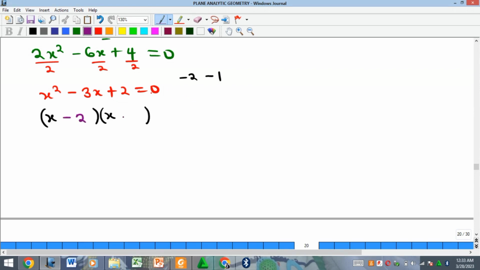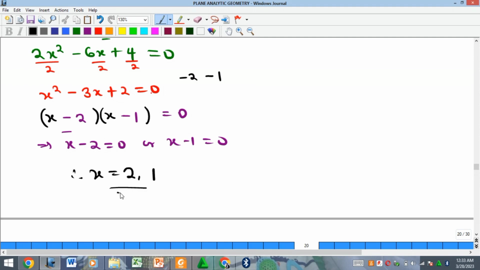So you have negative 2 and negative 1, equate everything to 0. So either x minus 2 is 0, or x minus 1 is 0, and from there we can see the value of our x as 2 or positive 1. So we have gotten the two coordinates of x.